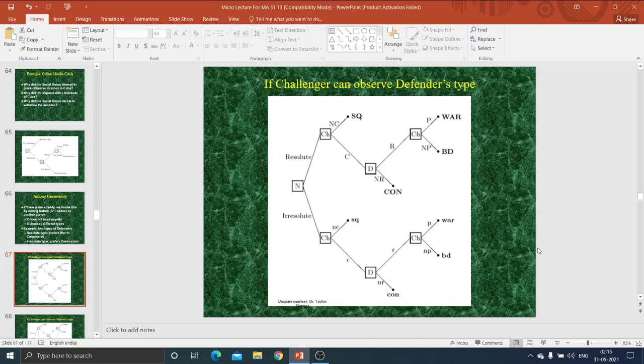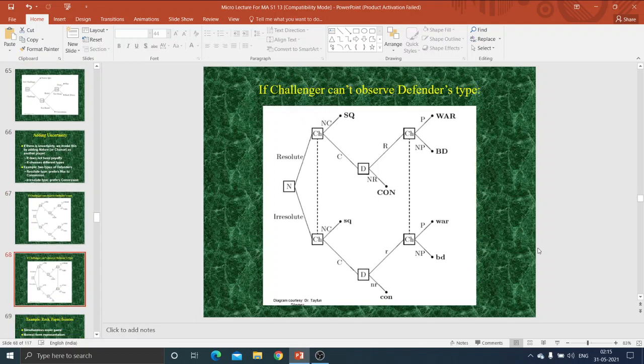In the irresolute case also, you may challenge, and the defender has two options: go for war and retaliate, or don't back down. So all this has two different possibilities.